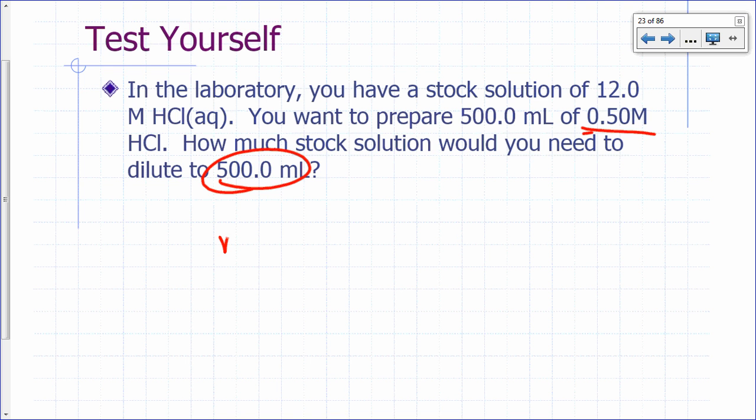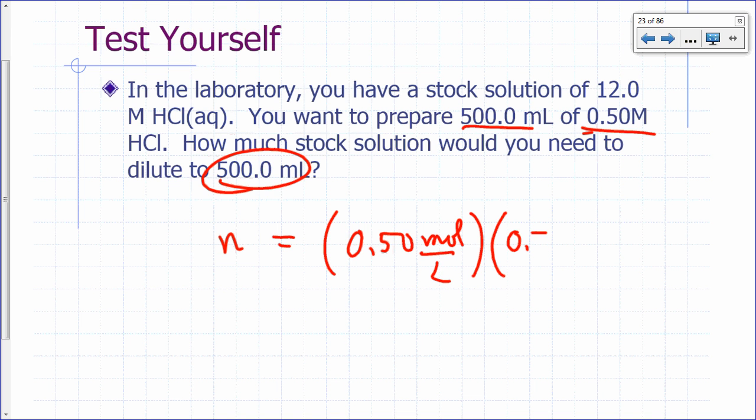Okay, so the number of moles you need is 500 mils, 500.0 times 10 to the negative 3 liters. Molarity, let's do molarity times volume. So 0.50 moles per liter times, that's half a liter, so 0.5000 liters.